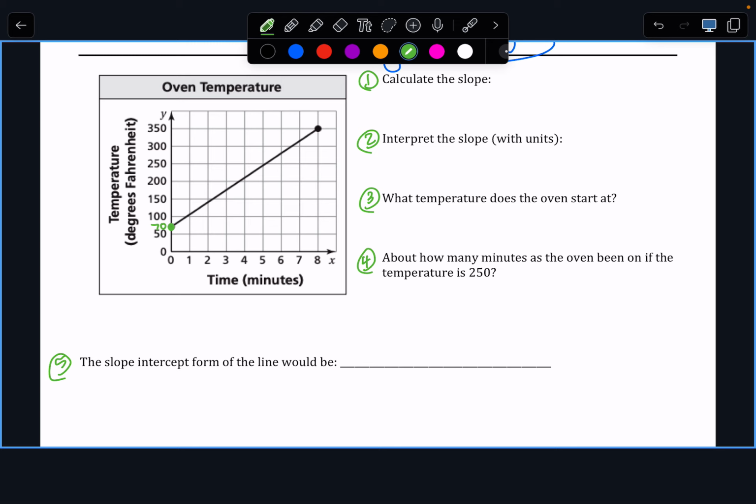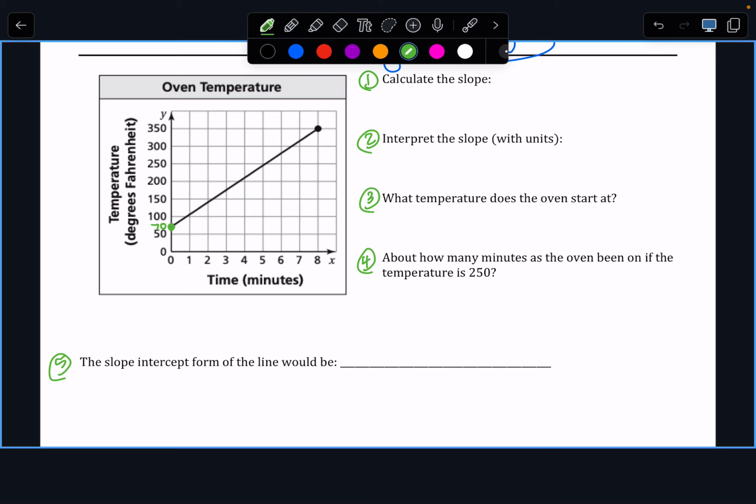This is our rise, however long that is. This is our run, however long that is. You gotta figure that out. It's not 70. Our rise, we're going from here to here, and then running to that dot. It's not 50, because we're starting at 70.